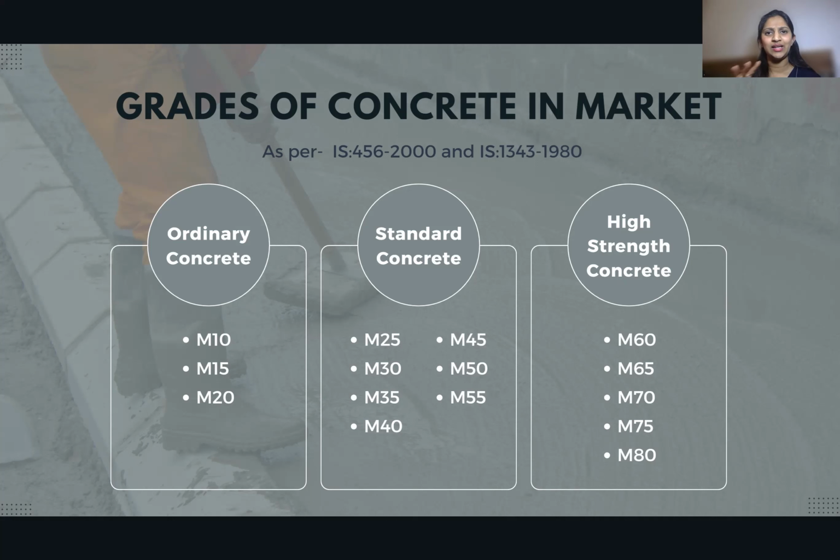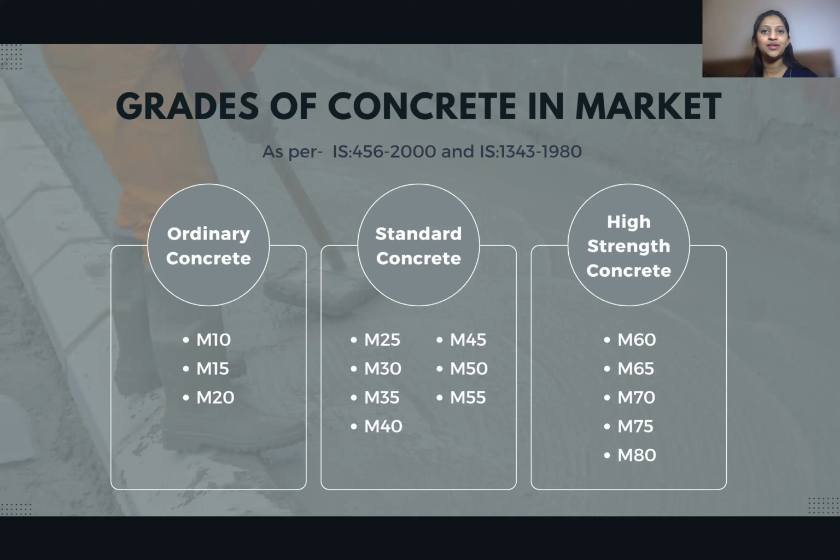Currently in the Indian market, the rates of concrete do differ from one place to another. For example, in Hyderabad, currently it starts at somewhere around 3,800 per cubic meter of concrete. In Bangalore, it is somewhere close to 4,200.